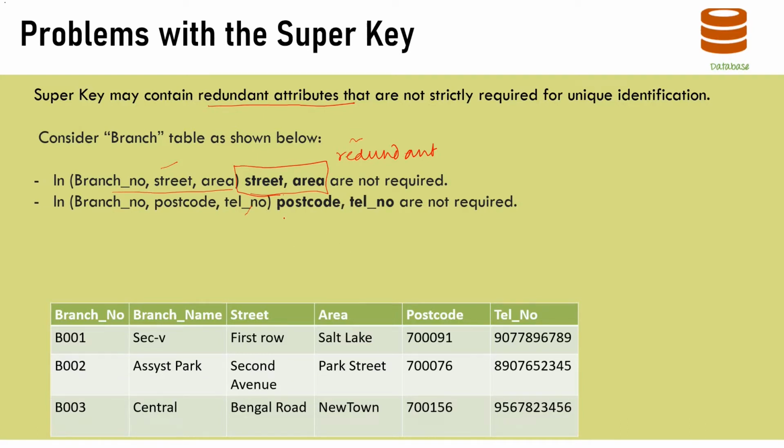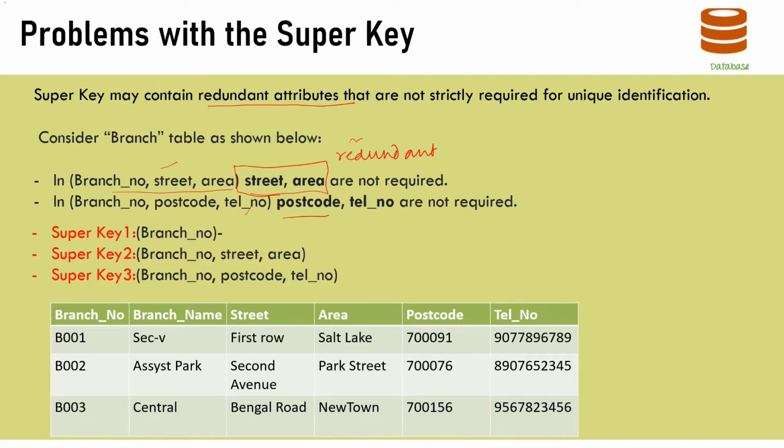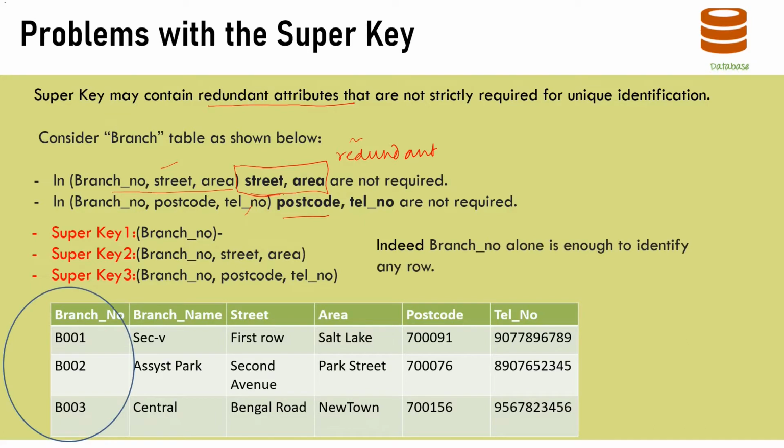So although there are 3 super keys possible, super key 1, super key 2, super key 3, actually super key 2 and 3 contain some redundant attributes, isn't it? So now you can understand branch number alone can identify any row, isn't it?